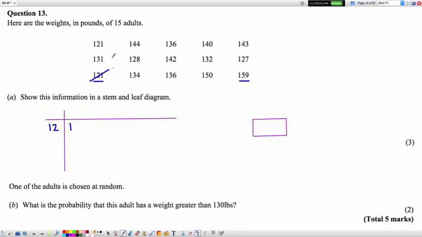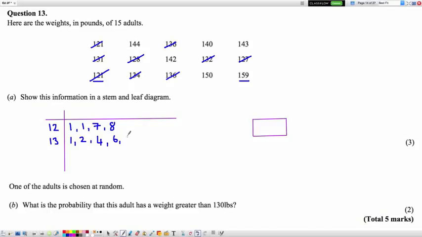The next number, we have another 121, so comma 1. We have 127, and then we have 128. So here we can see the numbers are in increasing order of size. Now moving on to 131, 2, 4, and then 2 6s here and here.